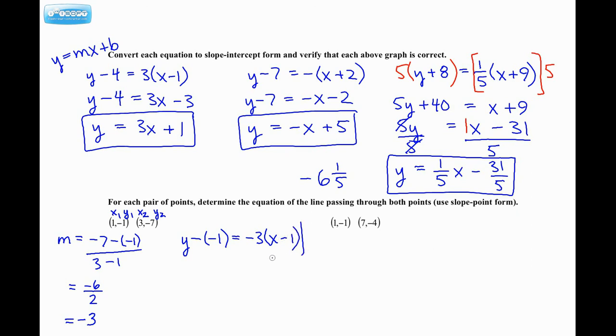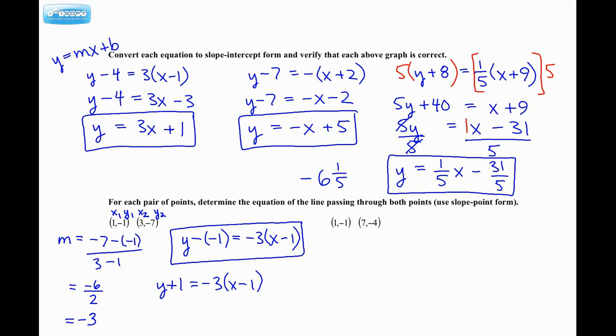And I'm done. Okay, I guess maybe I should do this. If this was an exam and the answer was in slope point form, it'd be written like that. So this would actually be preferred. If you chose to use this point, your answer would look slightly different, but in fact it would be the exact same line.